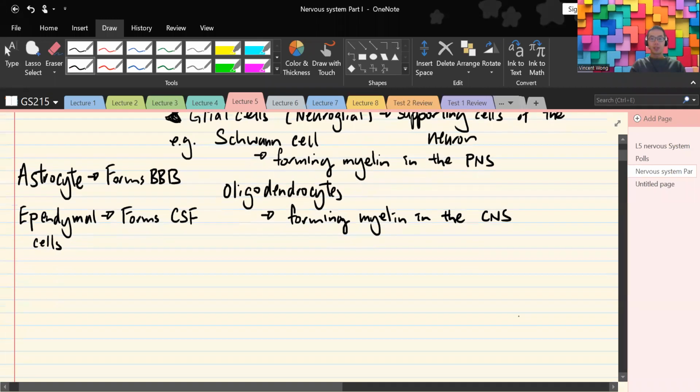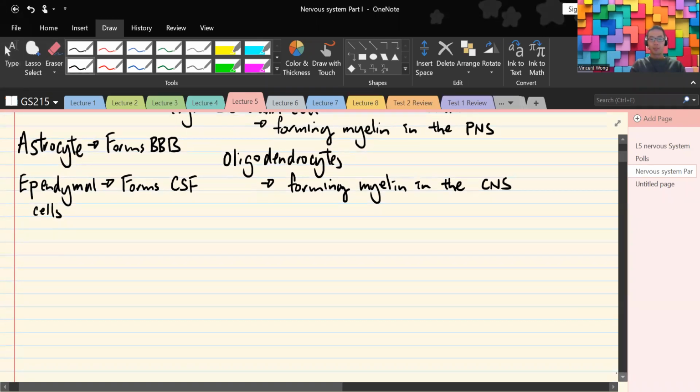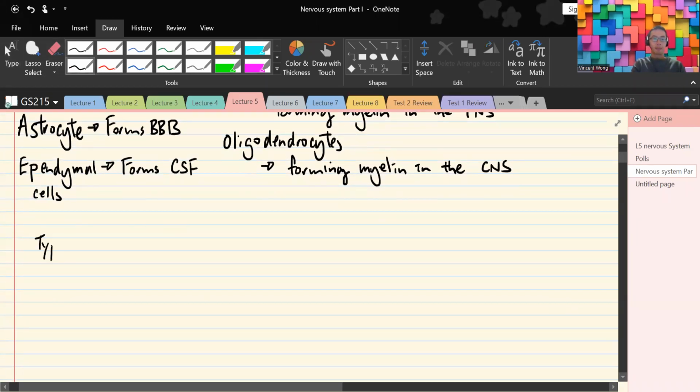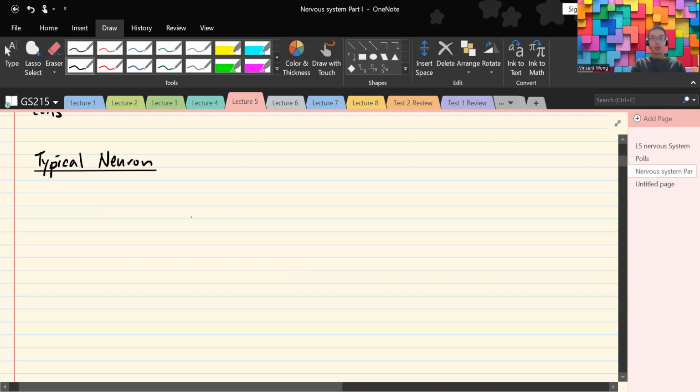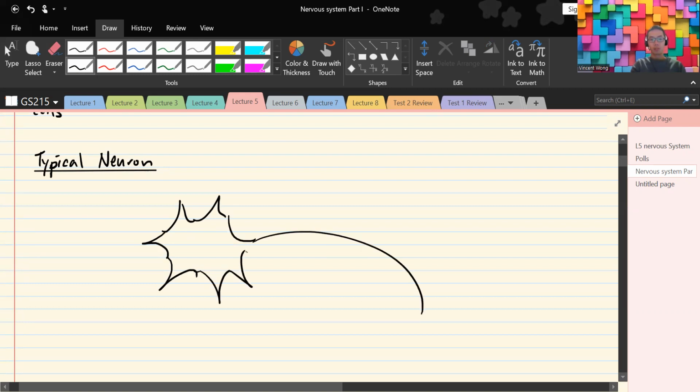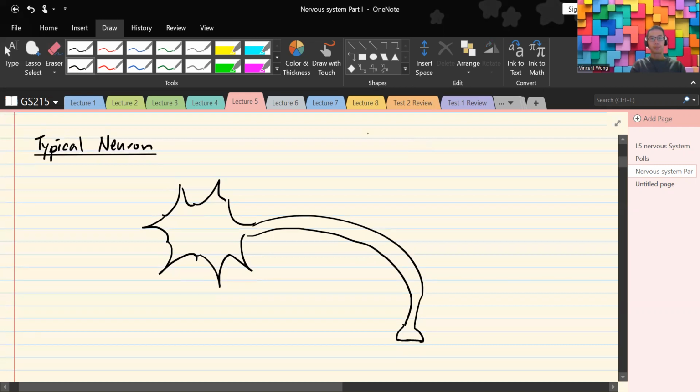So let's just look at a neuron, a typical neuron. You should be drawing this with me, right? And taking down the notes, hopefully. And so a typical neuron looks something like this. All right, and there's going to be like a long projection from the body, like that.